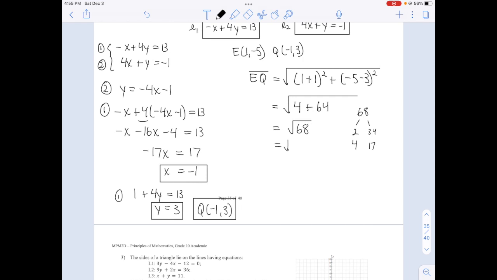So I think that's the one. 4 is a perfect square, so I know it'll simplify nicely. So EQ in the end is 2 root 17. That is the shortest distance from the point E to the line given. All right.